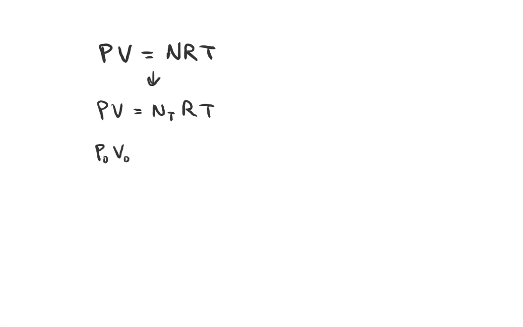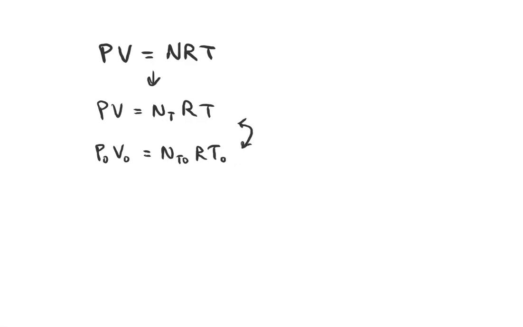So if you just imagine the initial set of conditions, at some point you had an initial total number of moles, at a given pressure and volume, and similarly an initial temperature.